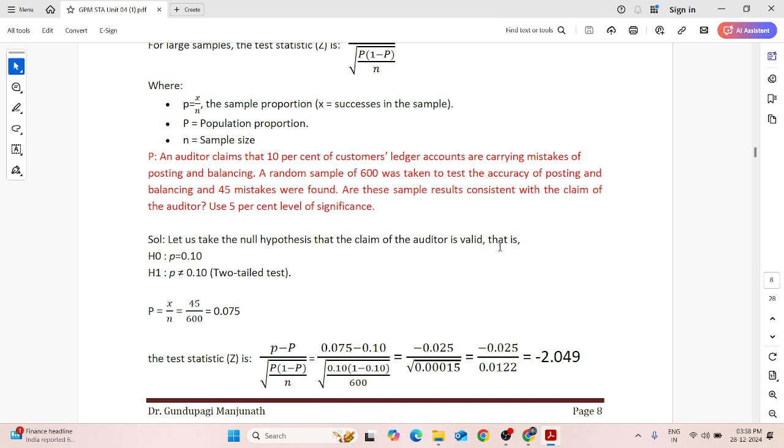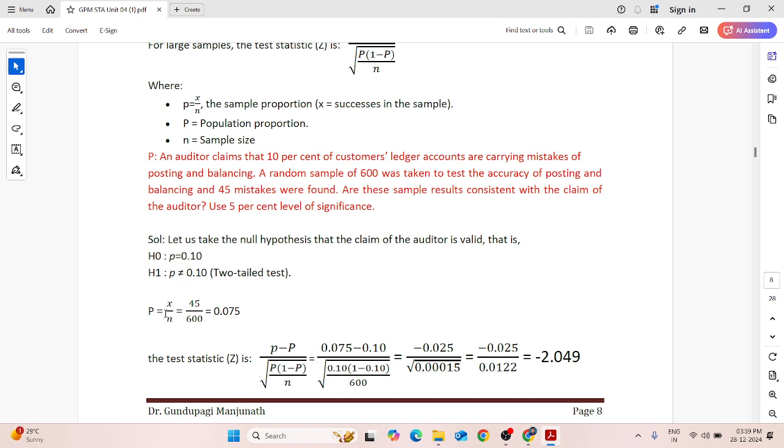So 10% of customers, the proportion we are considering, is 10%, so P will be 0.10. The negation of the null hypothesis is the alternative, p not equal to 0.10, which is considered a two-tailed test, because here we have used equals or not equals.